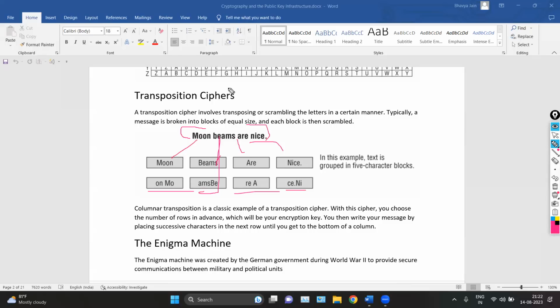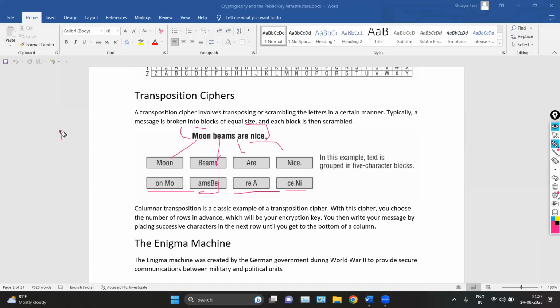Transposition is an example of a block cipher, where you are operating on the whole statement, or the whole plain text, in blocks. You divide it into blocks, and then you encrypt them one by one, using the same algorithm on each and every block.